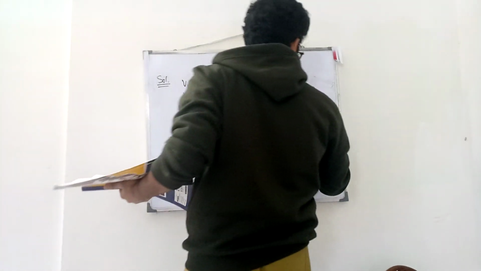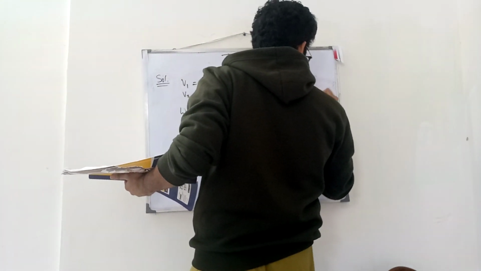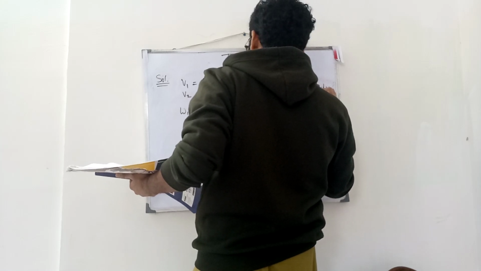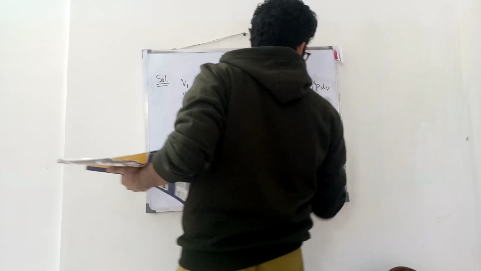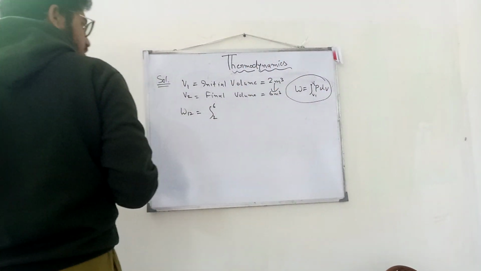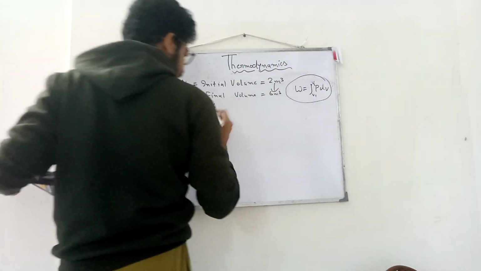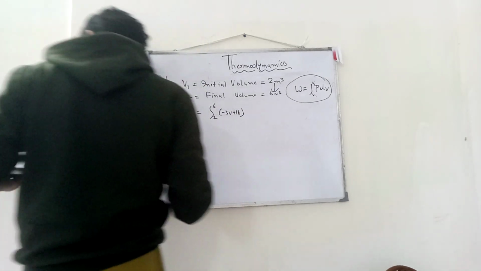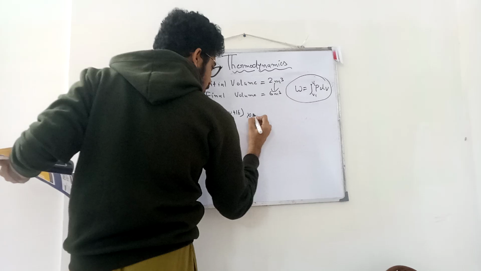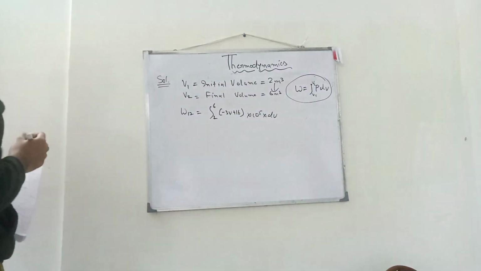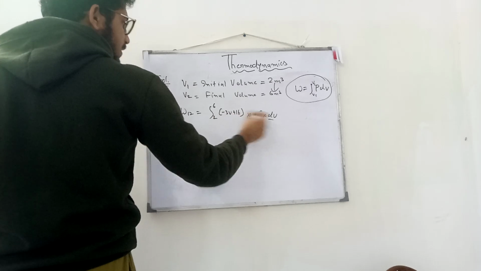The work done formula is the integral of P dV from V1 to V2. Here is the formula of closed system. So the integral of minus 3V plus 16, into 10 to the power 5, dV.